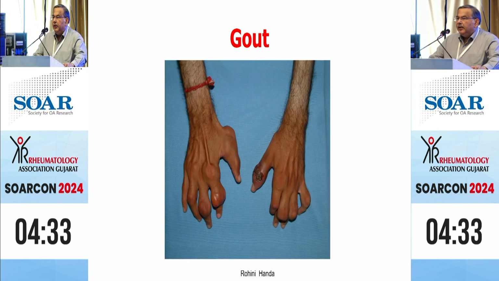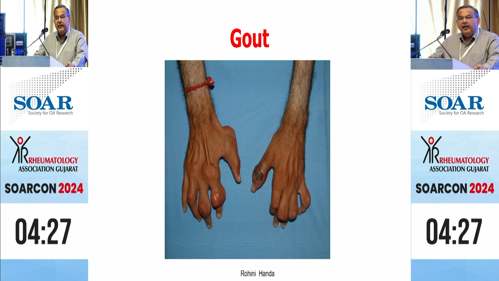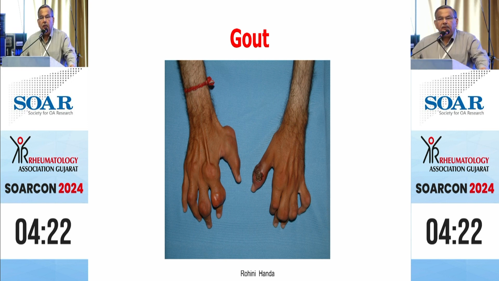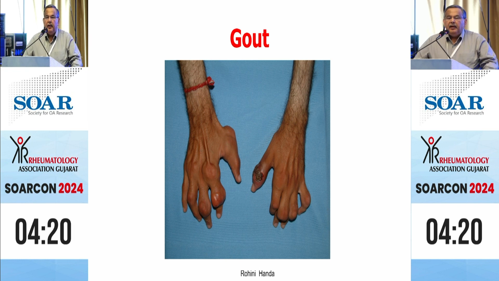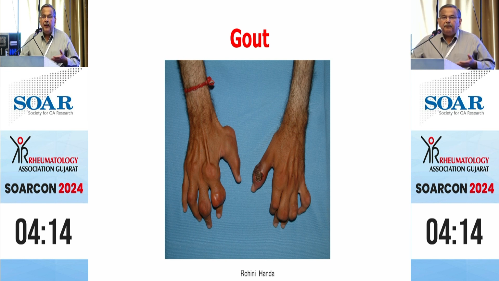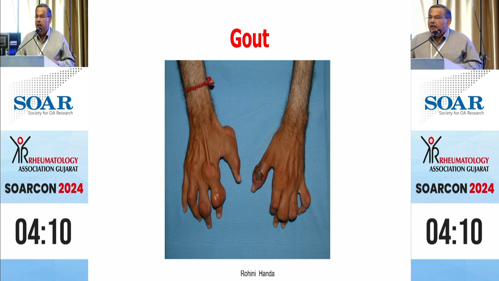Now, gout. Gout traditionally is a disease that afflicts the lower limbs. Preferential involvement of the joints of the lower limb, but polyarticular gout in the elderly is not uncommon. And as people live longer, what we are encountering is gout in the elderly, where the gender distinction gets blurred.